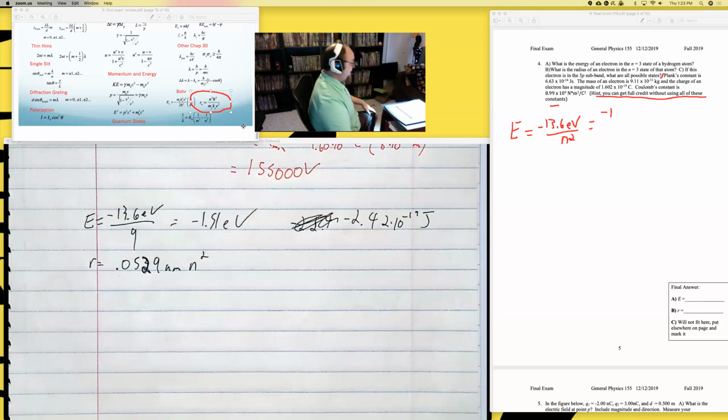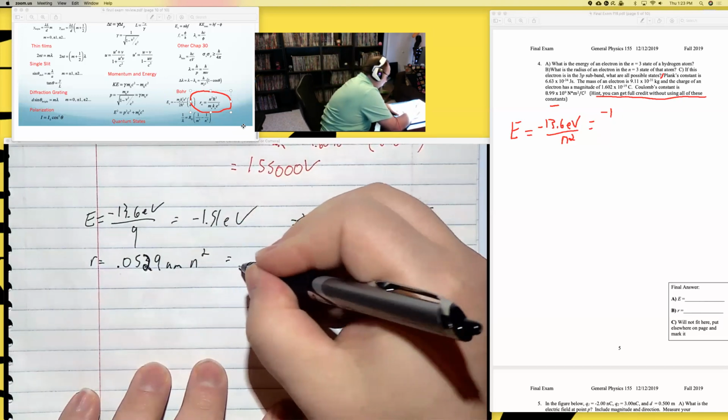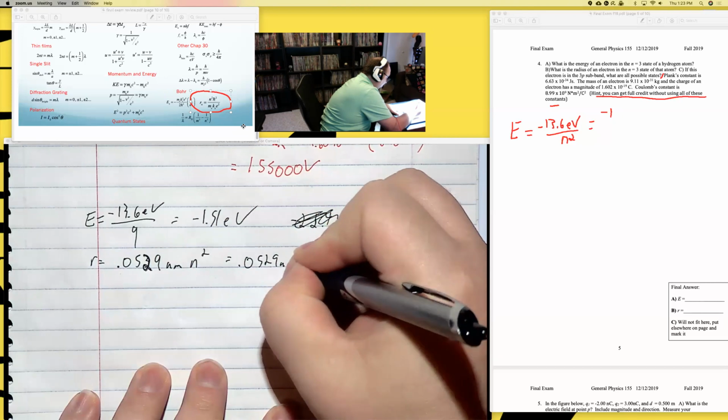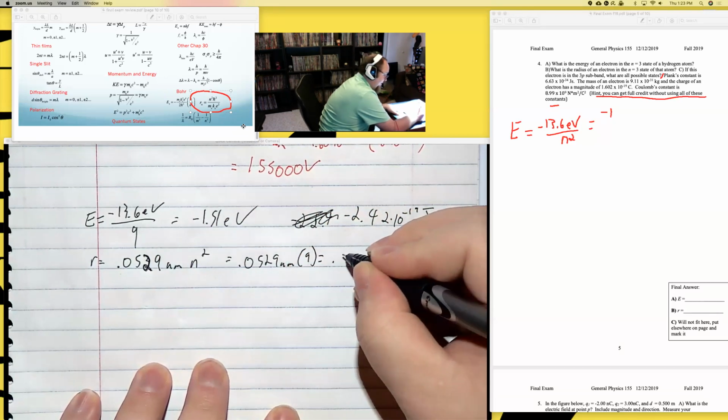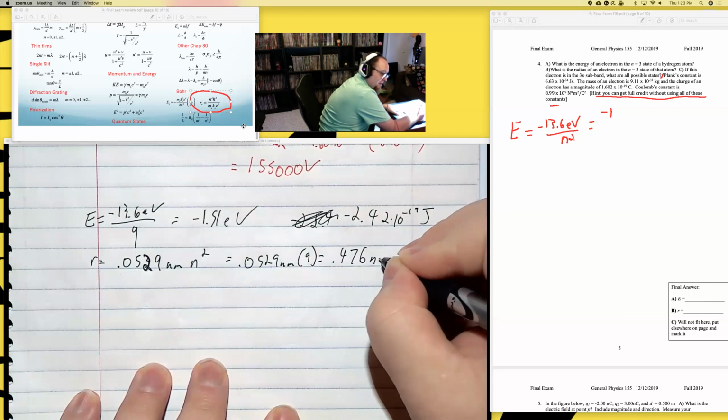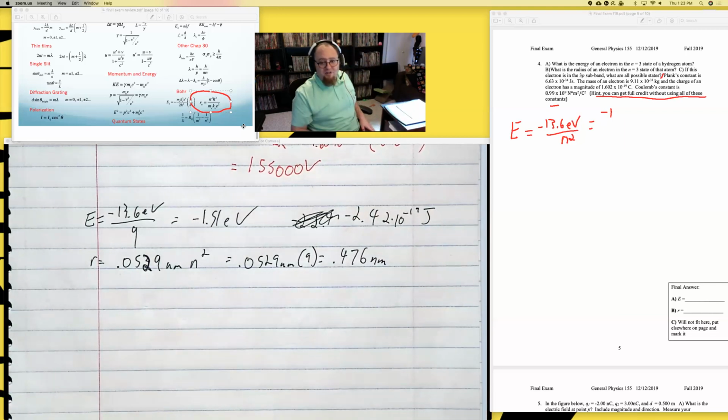So it's just 0.0529 nanometers times 9, which is 0.476 nanometers. Once again, if you plug in all your numbers, I'll take it. If you don't and go straight to this, I'll take that too. And C. C was the one that actually messed people up on this problem.